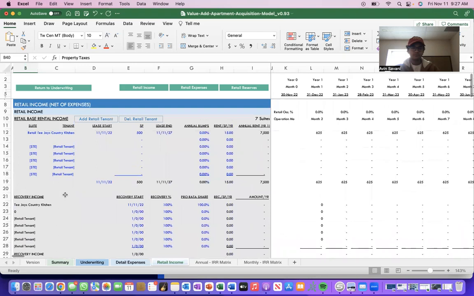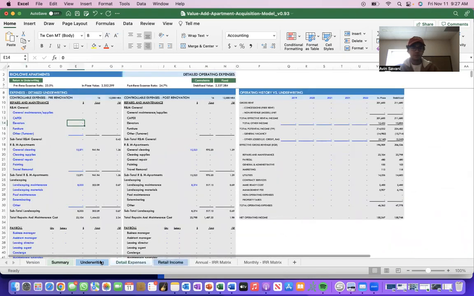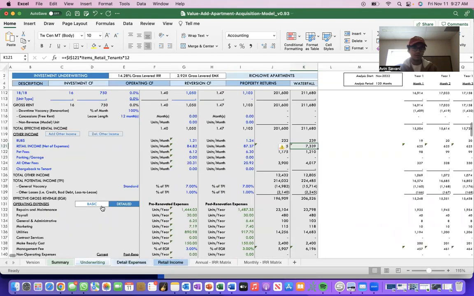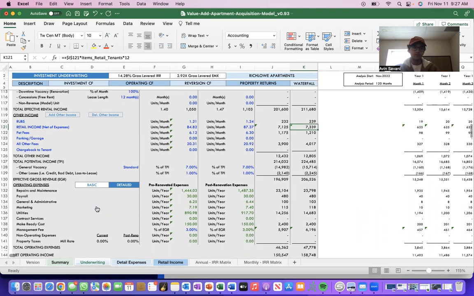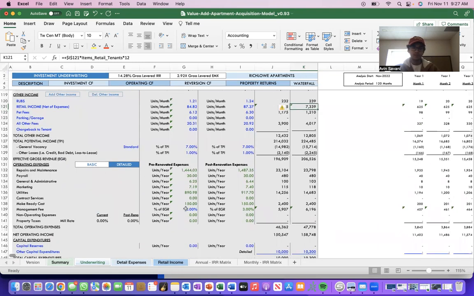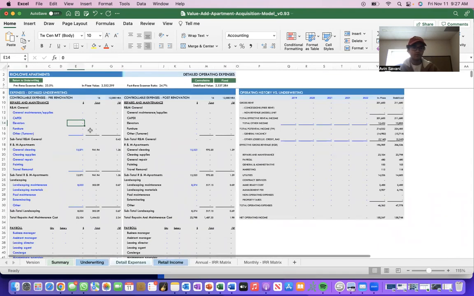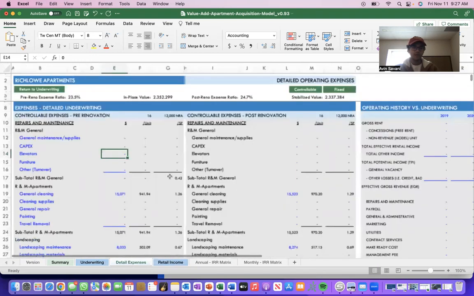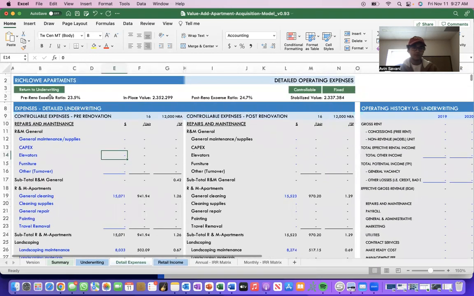Yeah. And then this is the other important thing. As we work here, go back to the underwriting. Right here, you'll see detailed or basic operating expenses. If it's basic, you'll just enter it right here. If it's detailed, you'll see it broken down in a separate tab. So here's really great because you can see what the pre-renovation expense ratio is and the post-renovation expense ratio is.